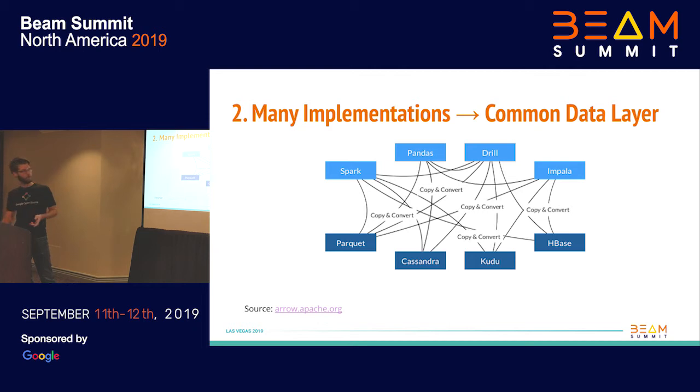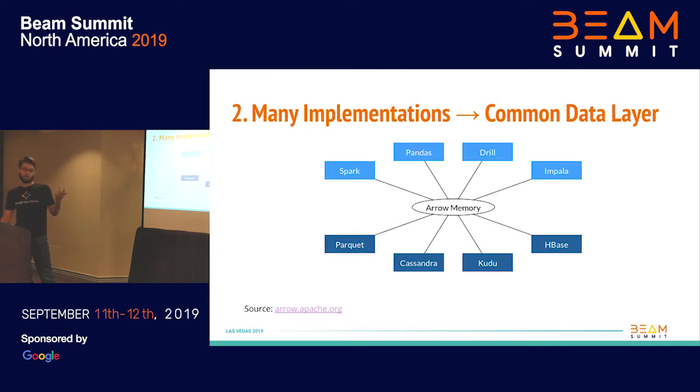But with Arrow, the idea is that all these systems operate on the same in-memory format. So if these systems are operating on the same machine, they could even read from the same shared memory. Or even if they're not on the same machine, you can use the Arrow wire formats to transfer data between them. And on the receiving end, you just read the data directly rather than having to deserialize it.